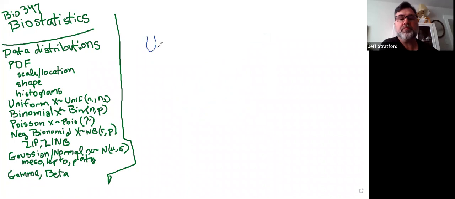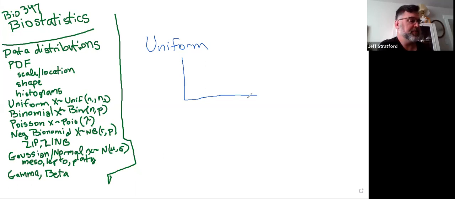First one is uniform. And let me also say that the distribution of outcomes is equivalent to probabilities. So for uniformly distributed data, we say X is distributed uniformly. We'll just abbreviate that UNIF with just two parameters.